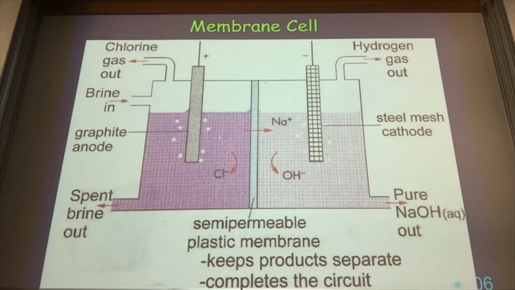So it's a cation permeable membrane, only allows the sodium ions to pass, not the chloride ions, not the hydroxide ions. So this has the happy result of not only keeping the products apart, it also means that the chloride ions don't flow into the cathode chamber. So the hydroxide that you get is pretty much pure sodium hydroxide.